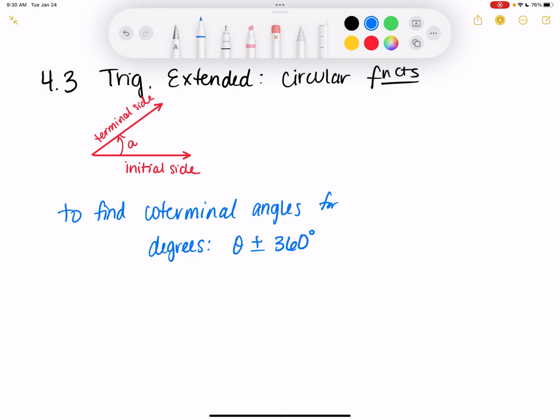So it's basically every time around where it hits, those are all coterminal. And then for radians, it's theta plus or minus 2 pi. Now, obviously, because most radians are written as fractions, it's going to be some form of 2 pi, a fraction that reduces to 2 pi.